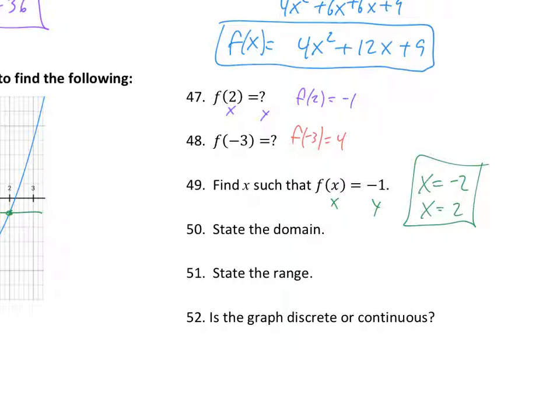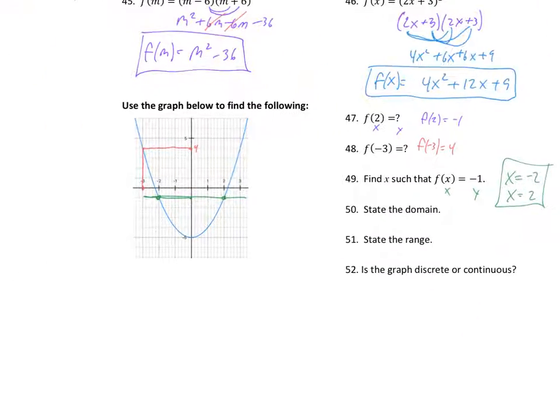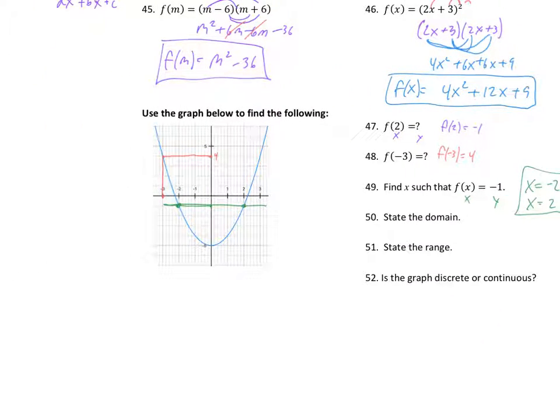State the domain. So the domain is your x values. X goes from left to right. So basically what I want to think about is what's happening on the left side of the graph, then what's happening on the right side of the graph. So look at the left side of the graph. So again, not really looking at the coordinate plane, but the leftmost point of the graph. So that arrow is going off to the left forever.